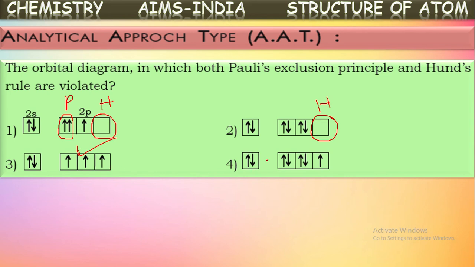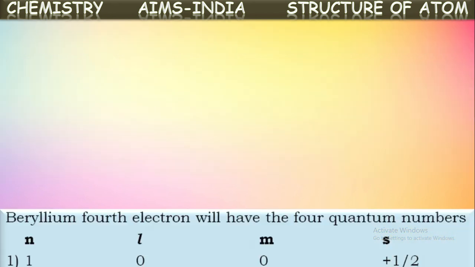Next, the fourth configuration: after filling 2s orbital, electrons enter into 3p orbitals, and all three degenerate orbitals are occupied with a single electron. Then pairing has taken place in the other two. So this also follows all the principles. Now what will be the correct answer? The configuration which violated both Pauli's principle and Hund's rule. That is the first one. Got it? Next question.